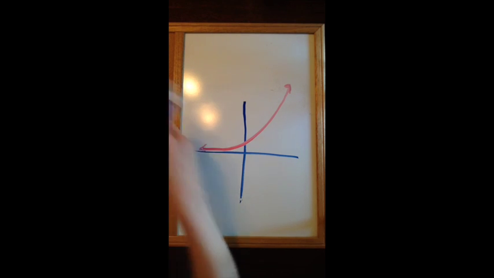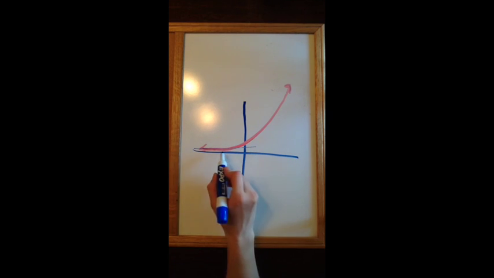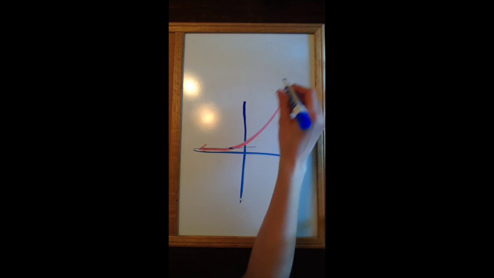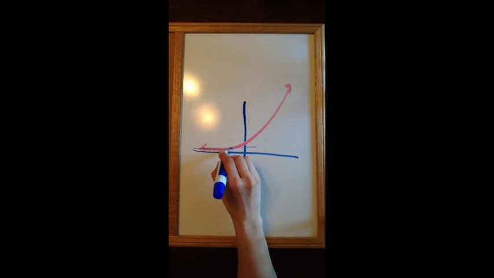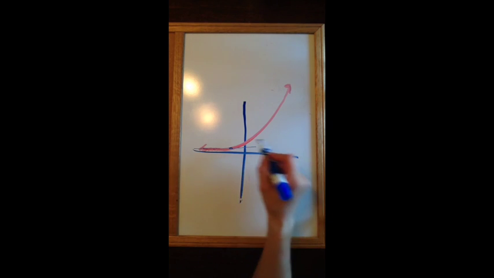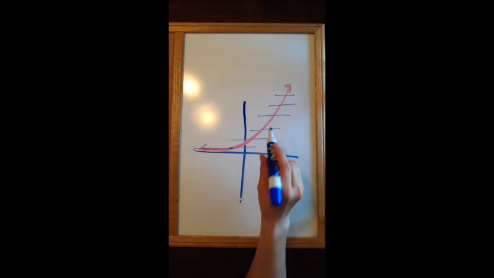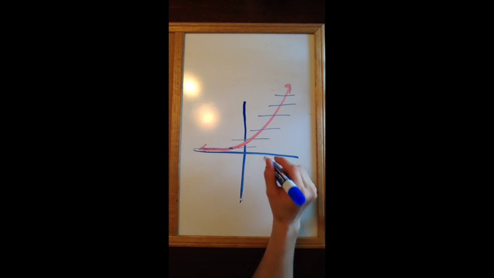So when I run a horizontal line through this, it appears as if it's hitting it multiple times, but we know, because this is an exponential, that it's really coming down a little bit at a time. So when I do a horizontal line, it's not actually going to touch it more than once. So this passes the horizontal line test, and this function's inverse is a function.